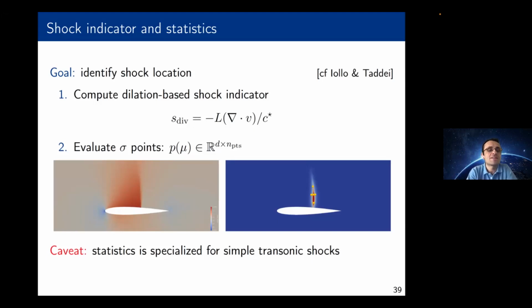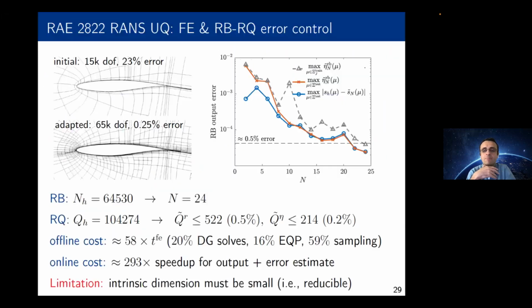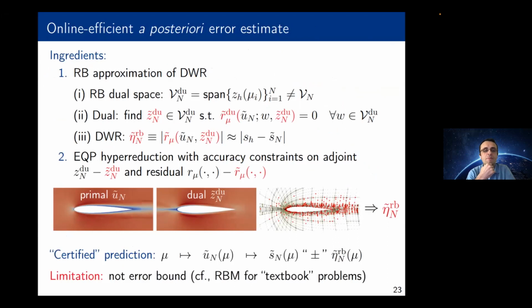That was impressive. Now the question I have is, on slide 23, I think you mentioned that there is theory for simple textbook type of problems, but there are no provable error bounds for the nonlinear challenging cases.